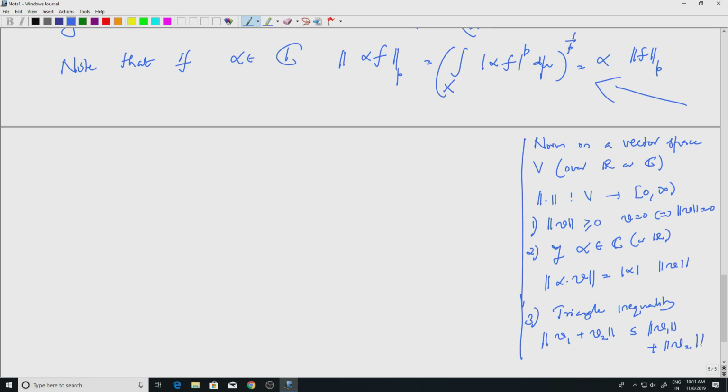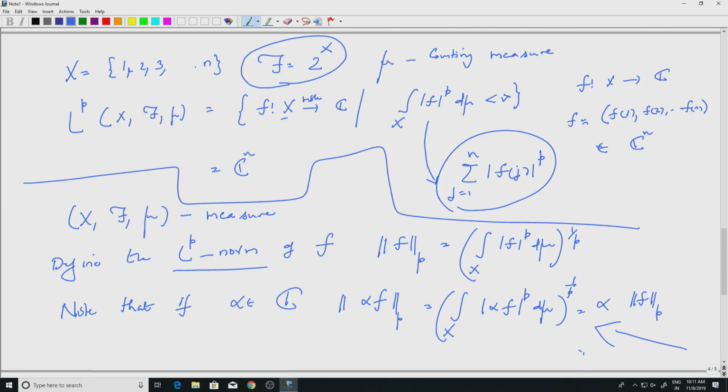In the LP norm, the first two properties are easy to see. One of them we have already checked. We will see the third property. But let us go back to our example.